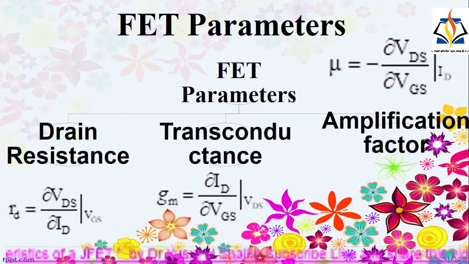Thus, mu is equal to minus delta VDS upon delta VGS at constant ID. The minus sign here indicates that when the drain source voltage is increased, the gate source voltage has to be decreased so as to keep the drain current constant. From the above equations, it can easily be shown that mu is equal to Gm into RD.